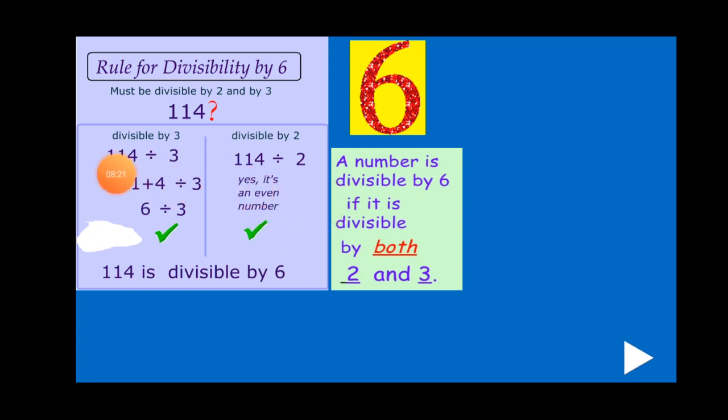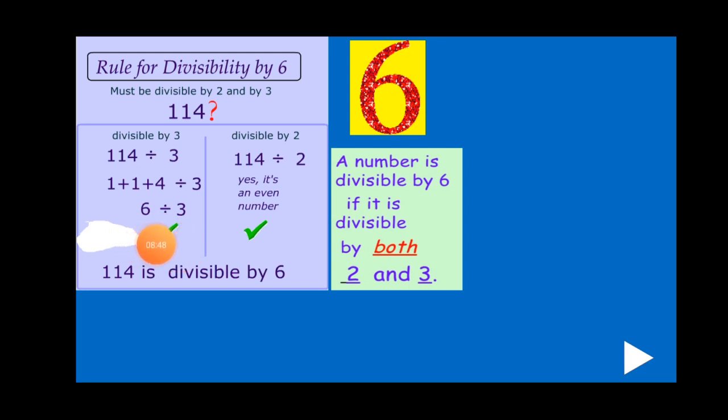Now for the same number we will check the divisibility by 3. What do we do to check the divisibility by 3? We add all its digits. While adding all its digits, we have got a sum equal to 6, and we know that 6 comes in the table of 3, by reading the table of 3 two times.